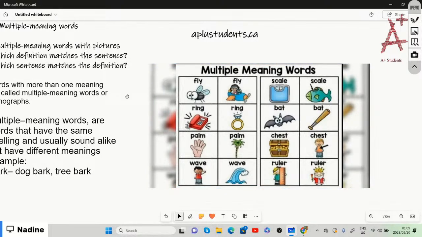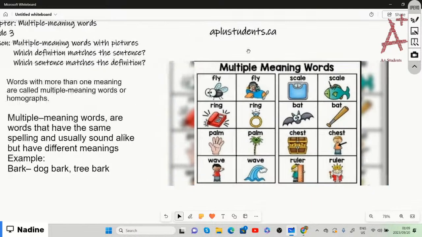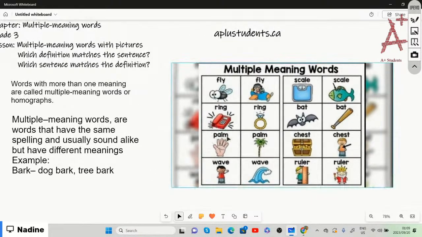So in this case, fly and fly basically sound the same also. But if you look at the first fly, it is a small little insect, a flying little animal that flies around.